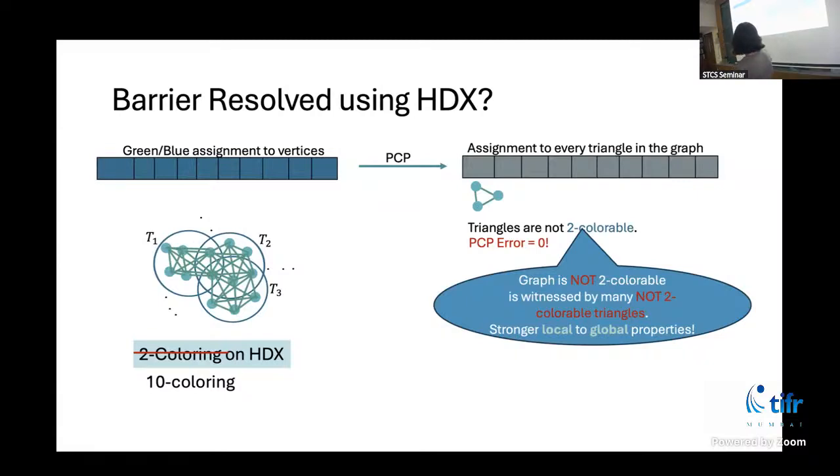Maybe like 10 coloring on HDX, we need to show that the PCP error becomes smaller than half. Given an arbitrary CSP, you have not reduced it to a two coloring on an HDX. No. That is also one issue: firstly, we haven't reduced it. And second, even given an arbitrary 2 CSP on HDX, we haven't shown that there is a PCP for it. We only showed it for two coloring, or 3 coloring, whatever.